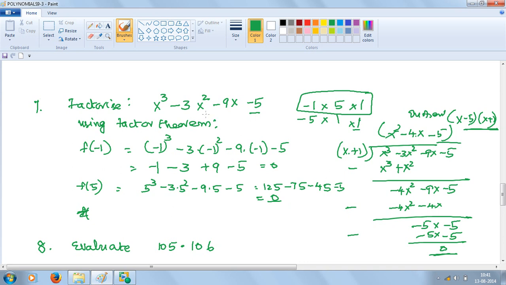So what is the answer? The first factor is x plus 1. Next factor is x minus 5. Next factor is x plus 1. So we have found out the three factors of this equation.